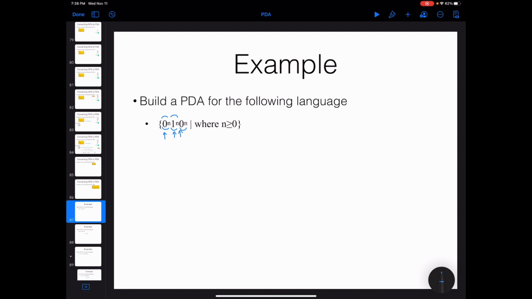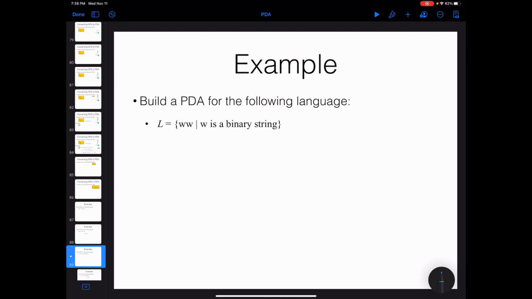So it is clear that a pushdown automata, a machine that reads the strings from left to right and only has access to a stack, cannot represent this language. This is not a context-free language.